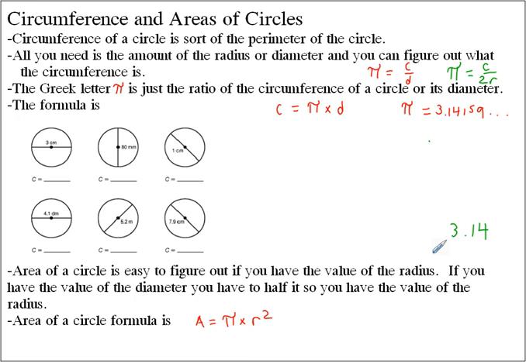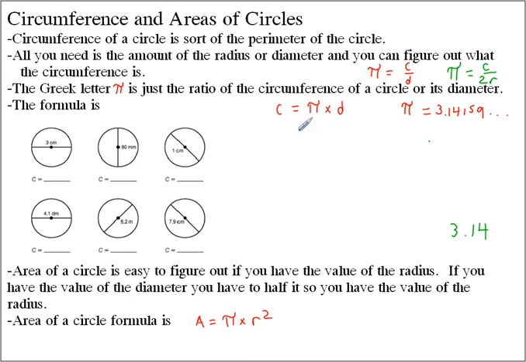So if you look over here, we've got a circle, and we're trying to find the circumference. The circumference is equal to the diameter, which is 3 centimeters, times pi.